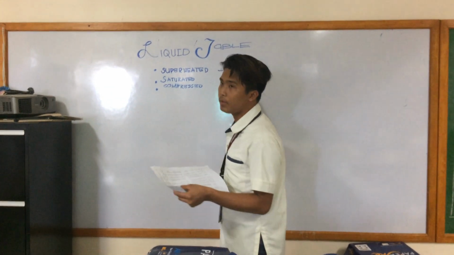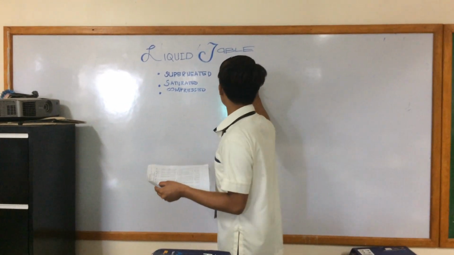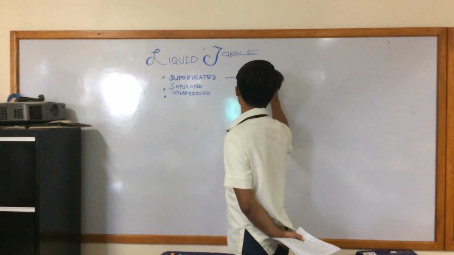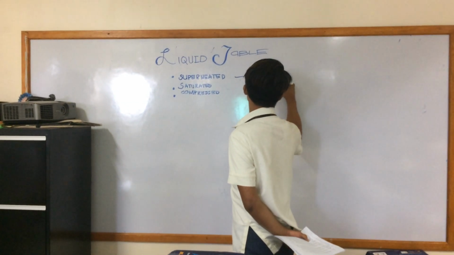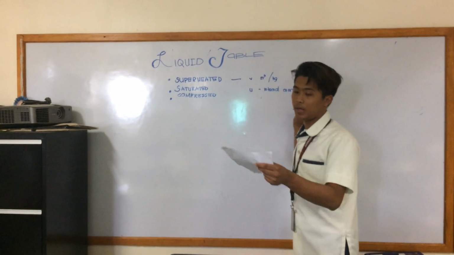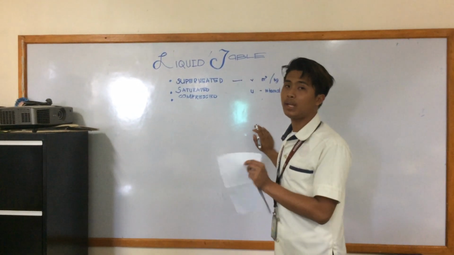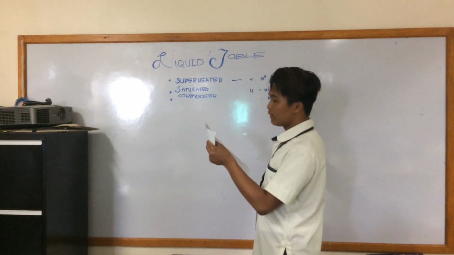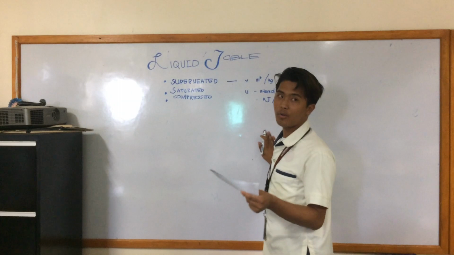After the small letter v, you can see a small letter u, which is the internal energy. You can see it in the upper part of your copy. Its unit is kilojoules per kilogram.